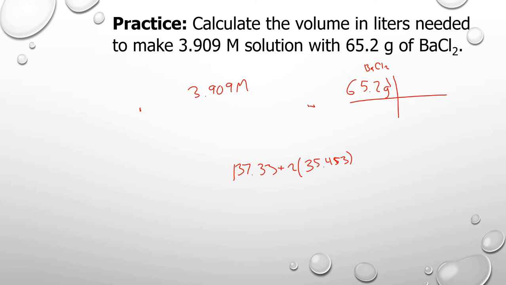So 2 times 35 equals 70.906. Then you just add those together. And that would be 208.236.